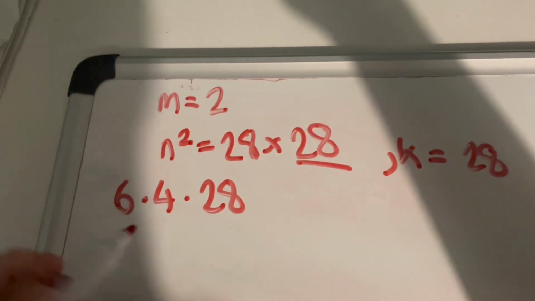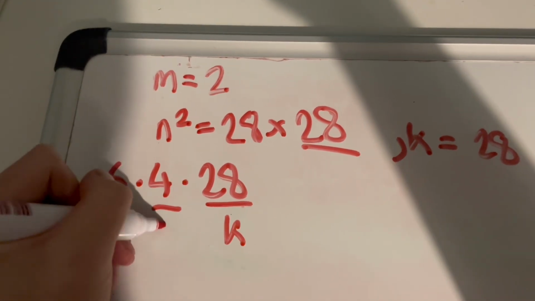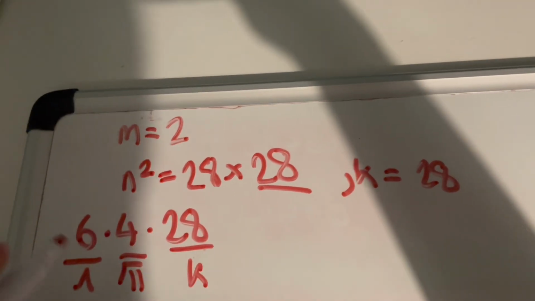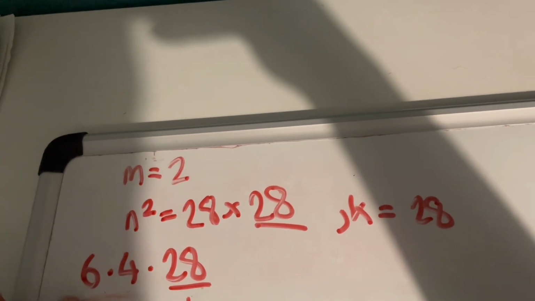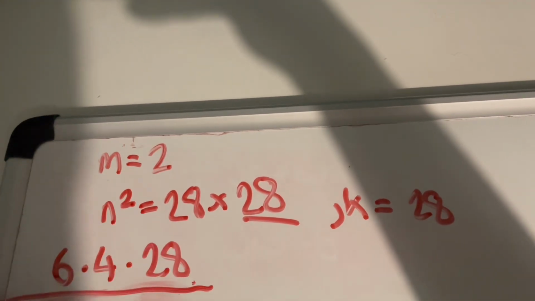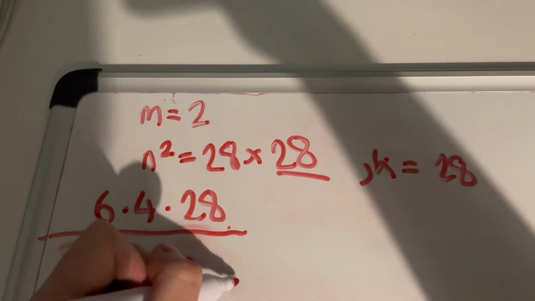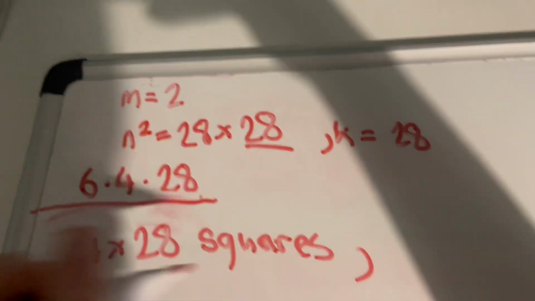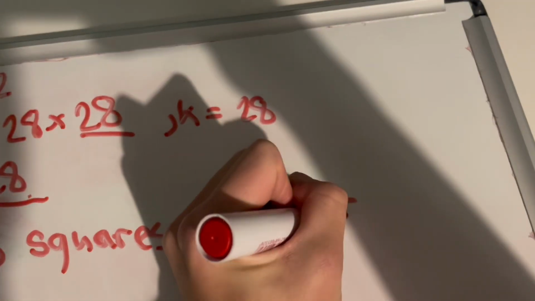This is your value of k. So it covers k lots of, each has 4 squares and there's 6 of them. So it covers 6 times 4 times 28, or 24 times 28 of the squares, which means that your remaining awkward piece will have 4 times 28 squares to cover, with half of this, so 56 being black and 56 being white.